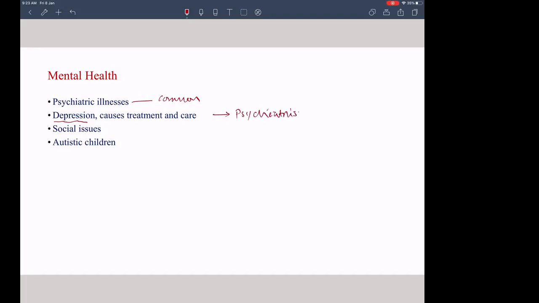Maybe if this is being practiced here, and you as a psychiatrist, it's your job to see how many people are utilizing it, what the accuracies are and what the conditions are. Maybe psychiatrists can do some research on how to do it. Then the causes, treatment, care. Likewise, there are social issues due to this.